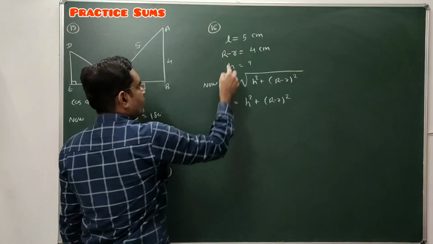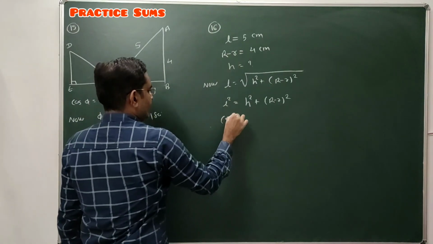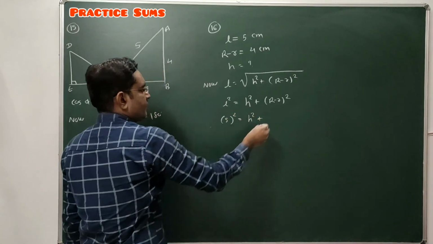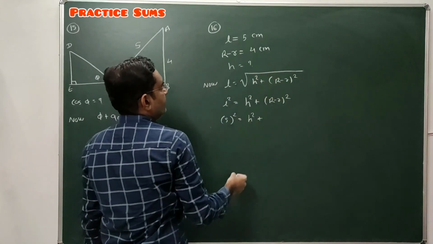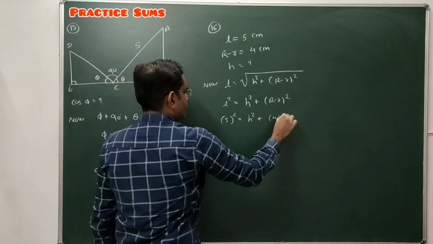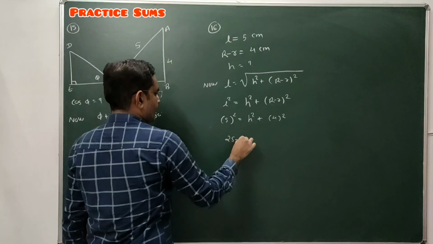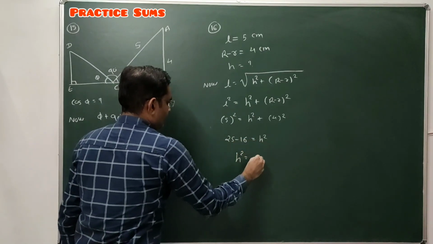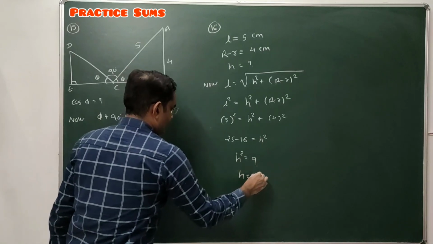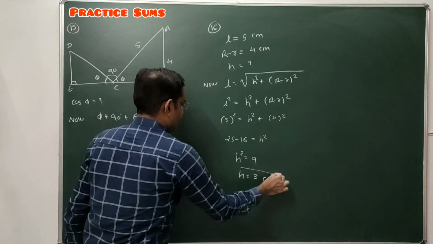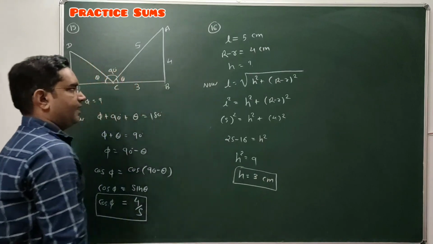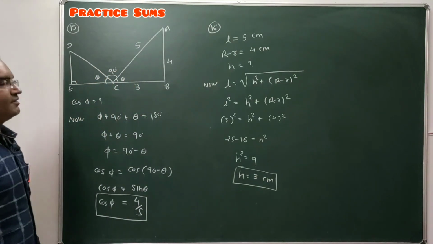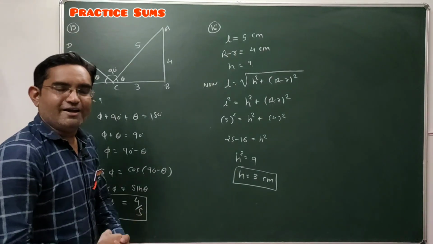Slant height 5 square equal to h square, that you have to find, plus the difference of radii of circular ends, that is 4 square. So this one is 25 minus 16 equal to h square equal to 9. So h equal to not plus or minus, only plus 3, because height cannot be negative. So height of the frustum of cone is 3 centimeter is the answer. Clear students? Pause this video and note it down.